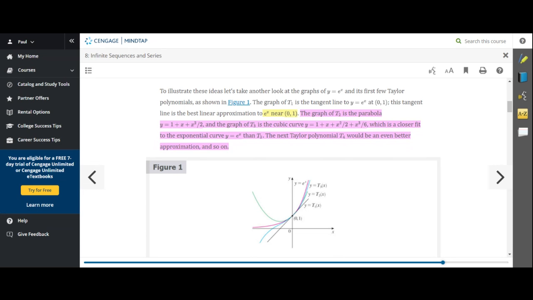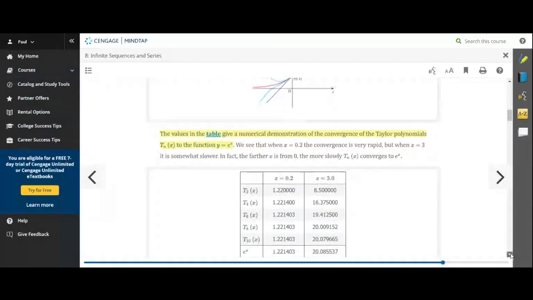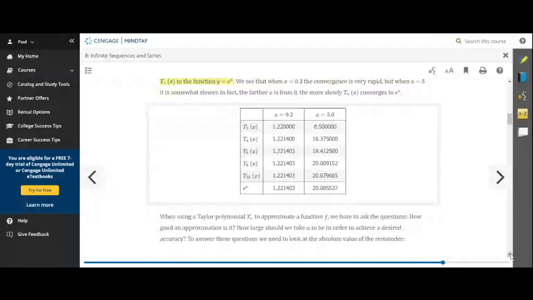Clearly, T3. And if you did the 4th degree Taylor polynomial, it would be even better. So this is the concept for section 8.8.